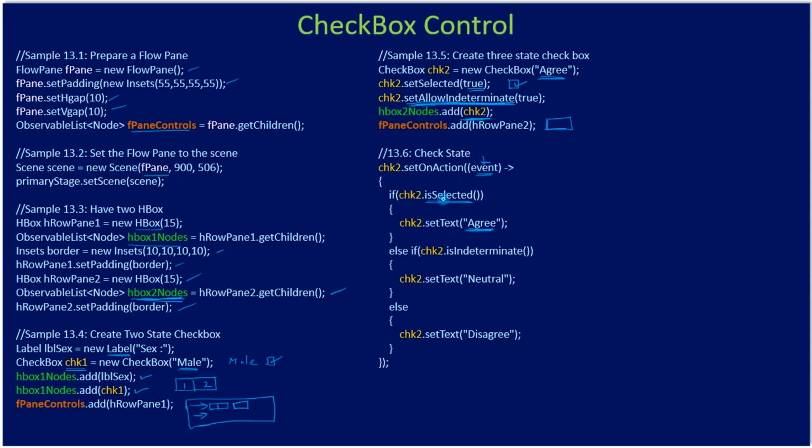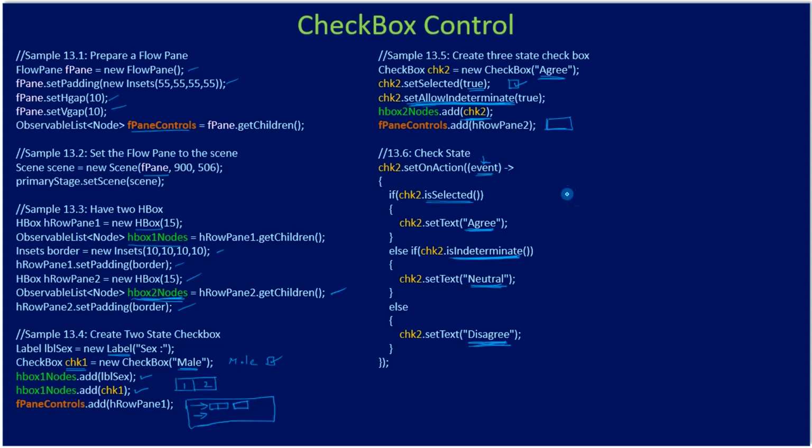If the checkbox is not in selected state, then here we are making a call to is indeterminate. If it returns true, I am setting the label as neutral, and if it is not in these two categories, then it's in unselected state. So I'm setting the caption as disagree.